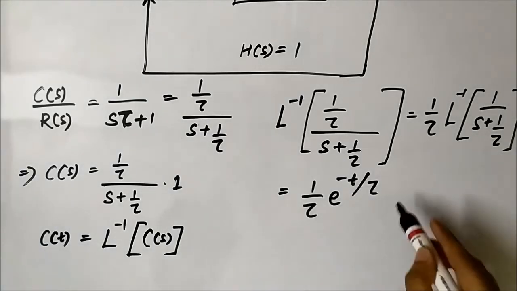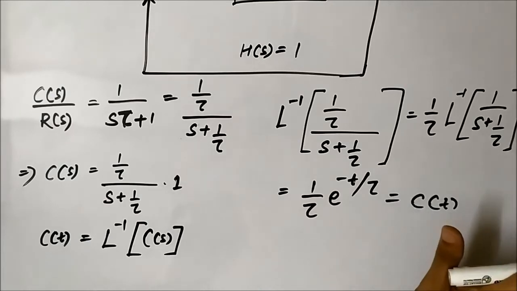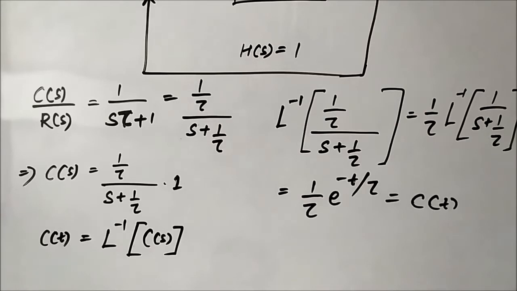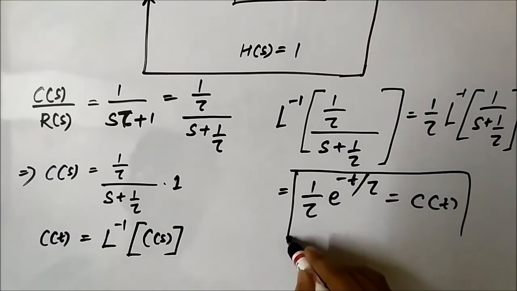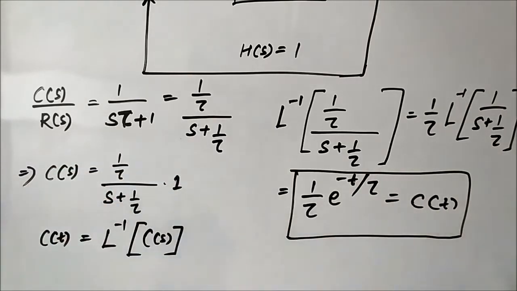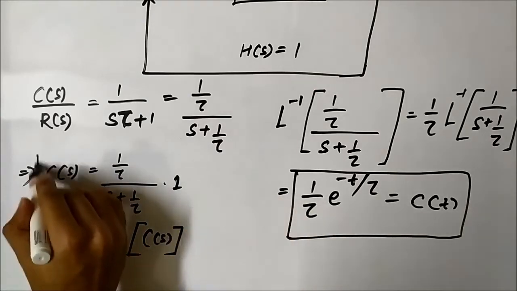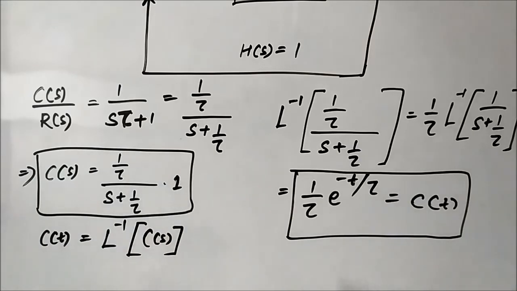Okay, this is equal to c(t), which is the time domain representation of a first order system to unit impulse input. Okay, this is the time domain representation, and this is the S domain representation.